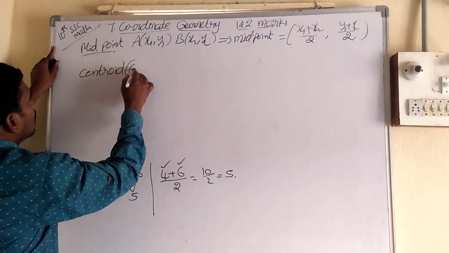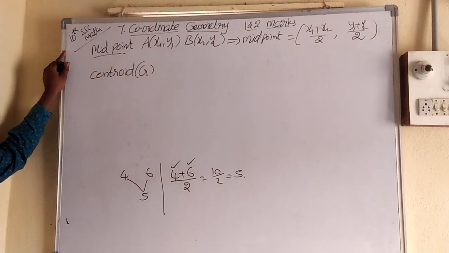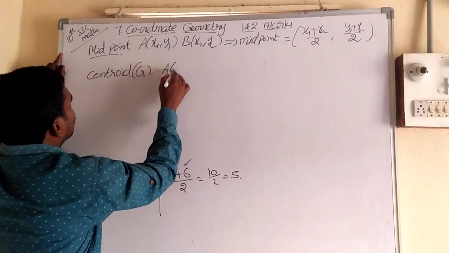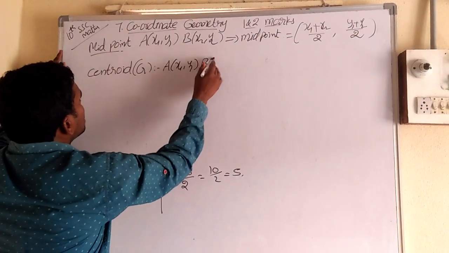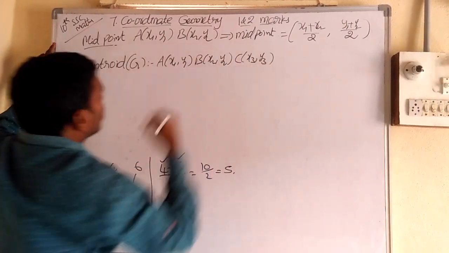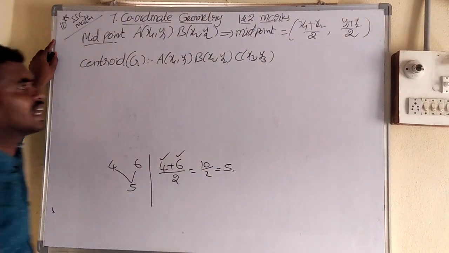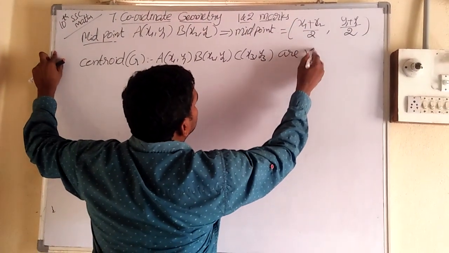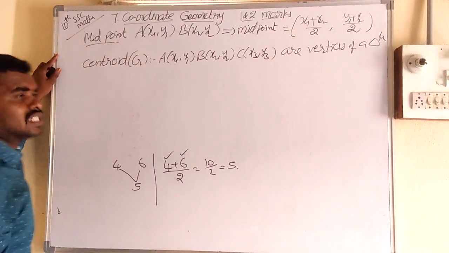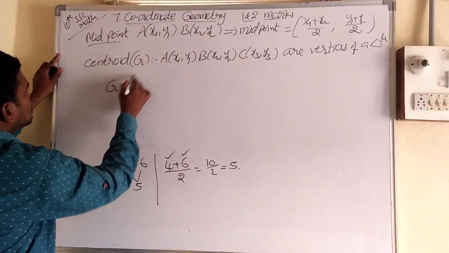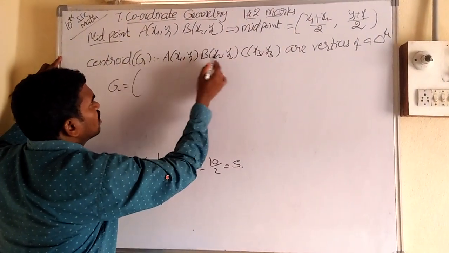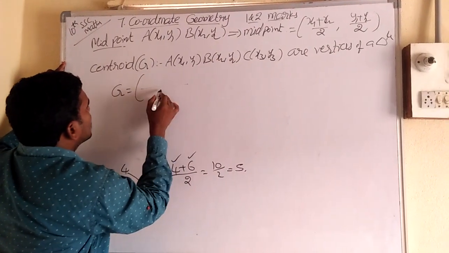Similarly, if you take 3 points of a triangle, for example A (x1, y1), B (x2, y2), and C (x3, y3), these 3 points being the vertices of a triangle, then the centroid, denoted by G, is equal to: here 3 points are there, x1, x2, x3, so we divide by 3.